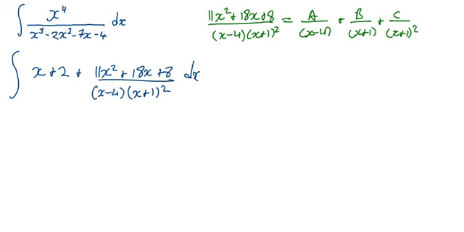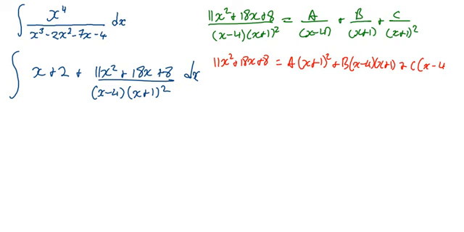Of course, we multiply everything by the denominator, meaning we are going to remain with 11x^2 + 18x + 8 equals a(x + 1)^2 + b(x - 4)(x + 1) + c(x - 4).